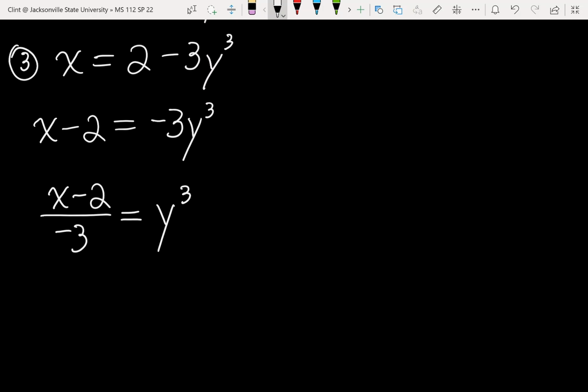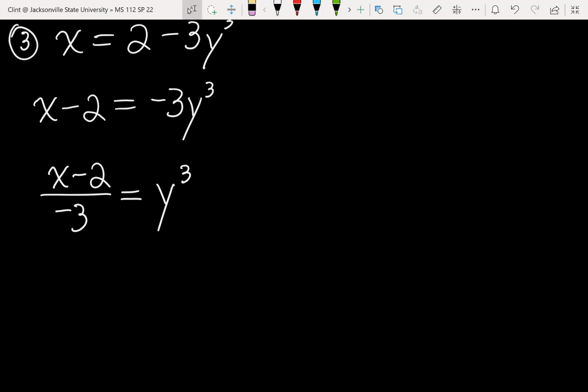But we don't want y cubed, we just want y. So how can we cancel out that third power? If we wanted to cancel out y squared, we could take the square root.